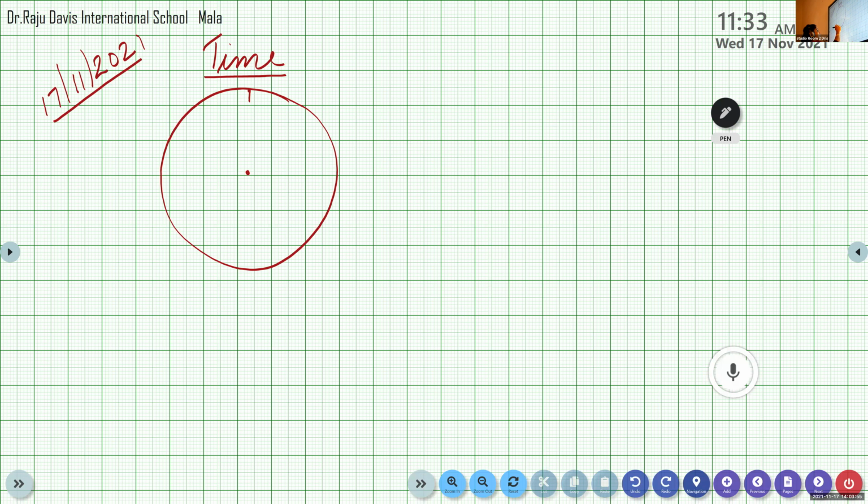Then please mark the lines top, down, right side and left side. And write the numbers. Top number is 12. Down 6. Here 3 and here 9.